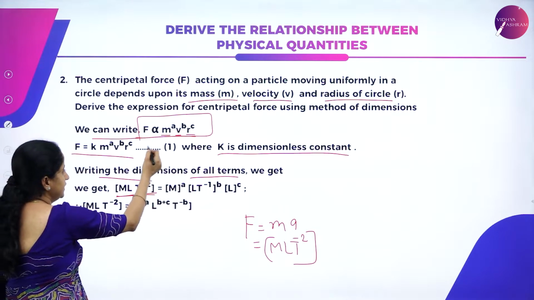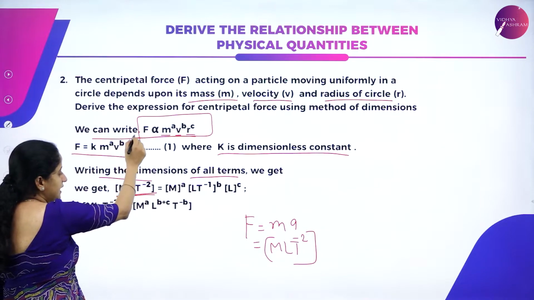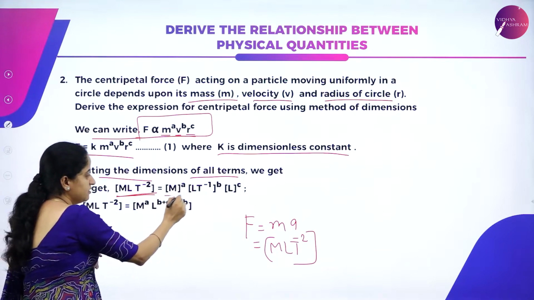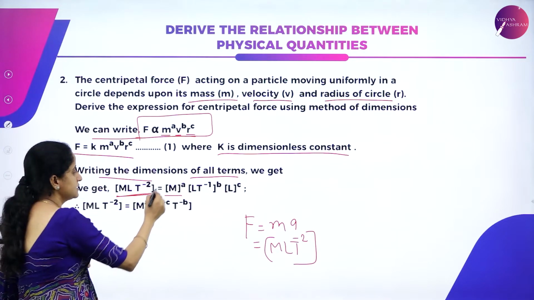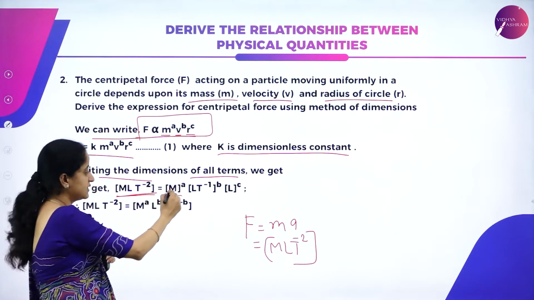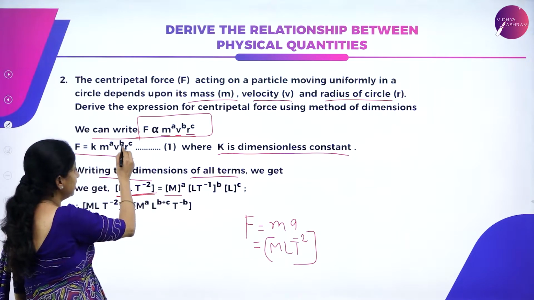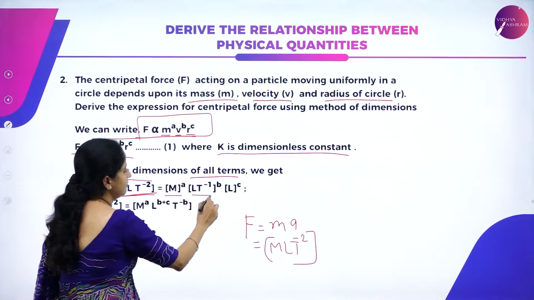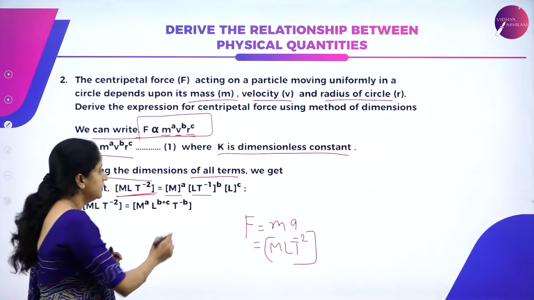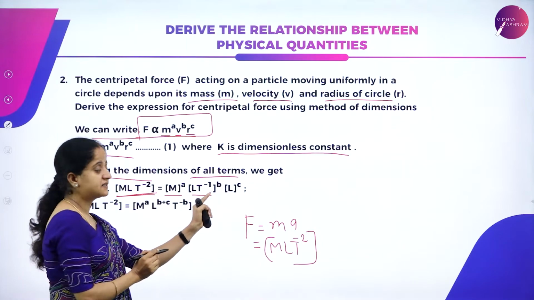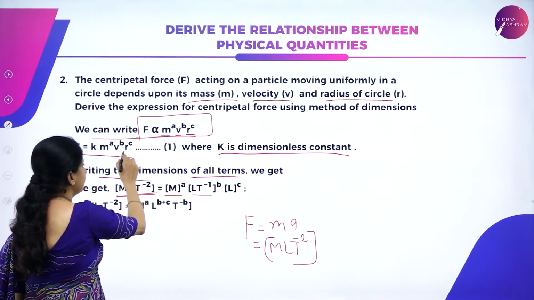And we have here M raised to A, V raised to B and R raised to C. So let us write the dimensional formula. M for mass, enclosed in a square bracket, is raised to a power A. Next we have velocity. Velocity's dimensional formula is LT raised to minus 1, which is enclosed inside a square bracket and raised to a power B. And also we have radius.